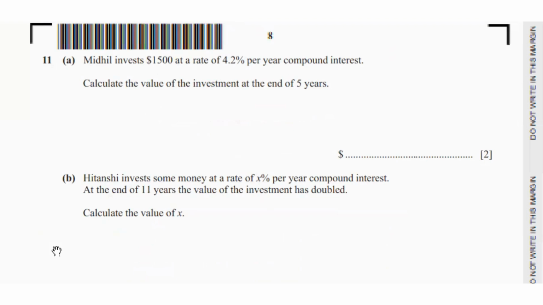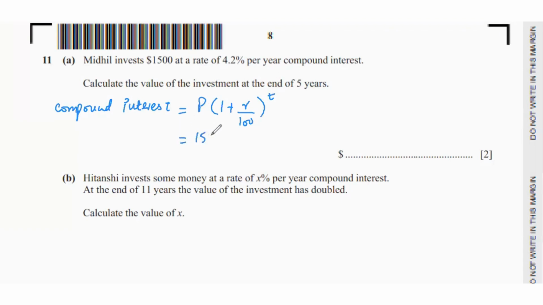Question 11 says Middle invests $1,500 at a rate of 4.2% per year compound interest. Calculate the value of the investment at the end of 5 years. So compound interest has the formula of principal amount times 1 plus rate of interest over 100 to the power of t.